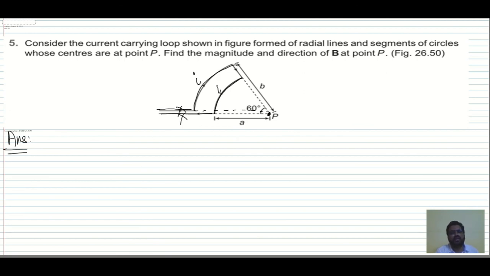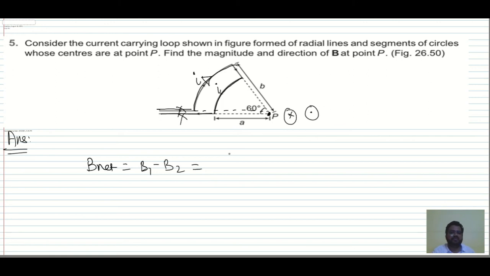So due to this conductor which carries a current in this direction, inside we have, and due to this conductor which carries a current in this direction, outside we have. So the net magnetic field we have is B1 minus B2. So what is B1 over here?